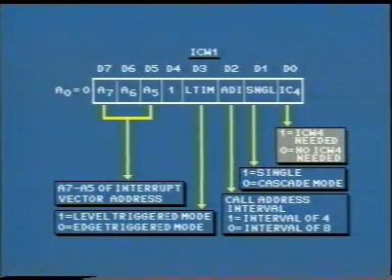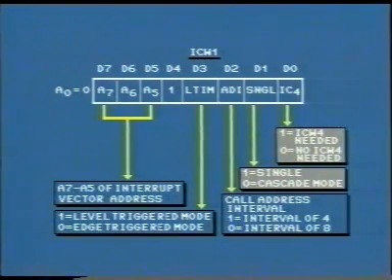If this is logic level 0, then ICW4 is not needed. Next bit D1 decides whether this chip is being configured as a single chip or in cascade. If this bit is 1, the chip is being used as a single chip. If this bit is 0, this chip is being used in cascade.